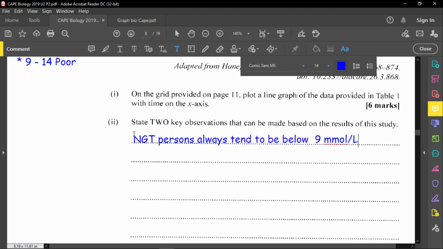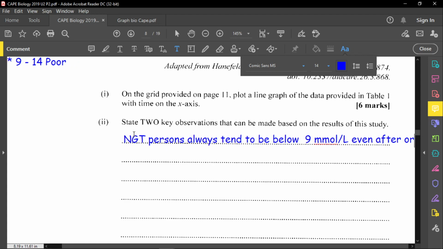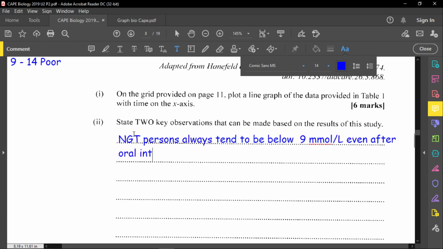And let's say even, because based on the data chart, it was after oral intake, so even after oral intake of glucose.